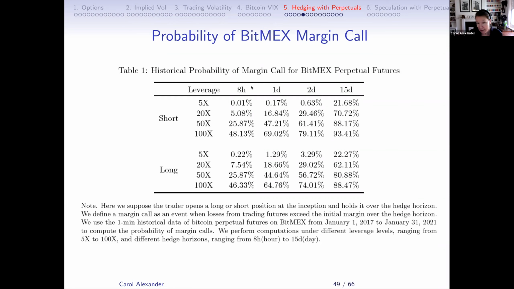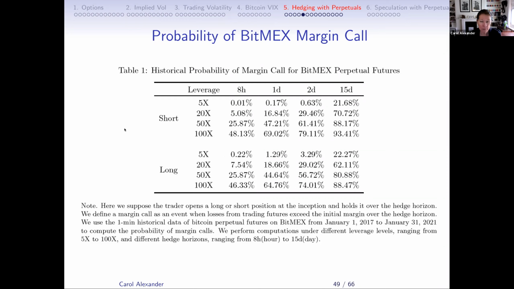So that's why we look at 8 hours and then 1 day, 2 days, 15 days. Very, very small probability if you were short, but much more likely if you were long, showing that large price falls are still more common than large price hikes in this market. But this is over a very long period.